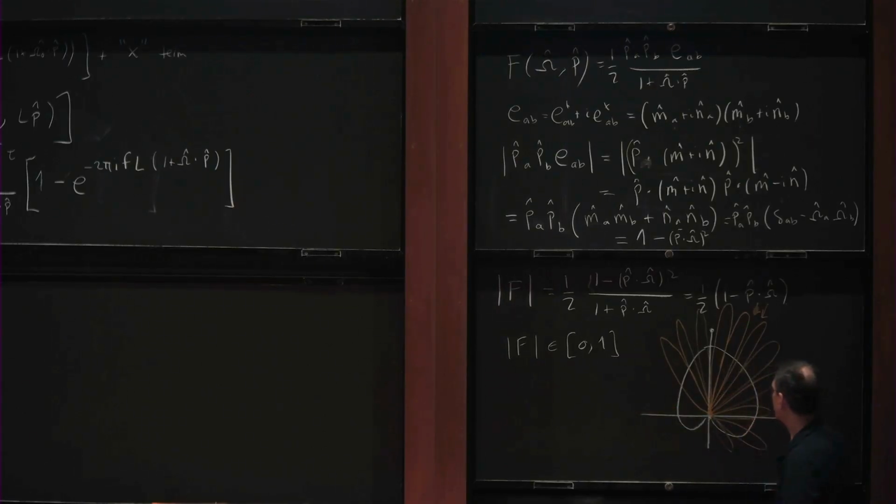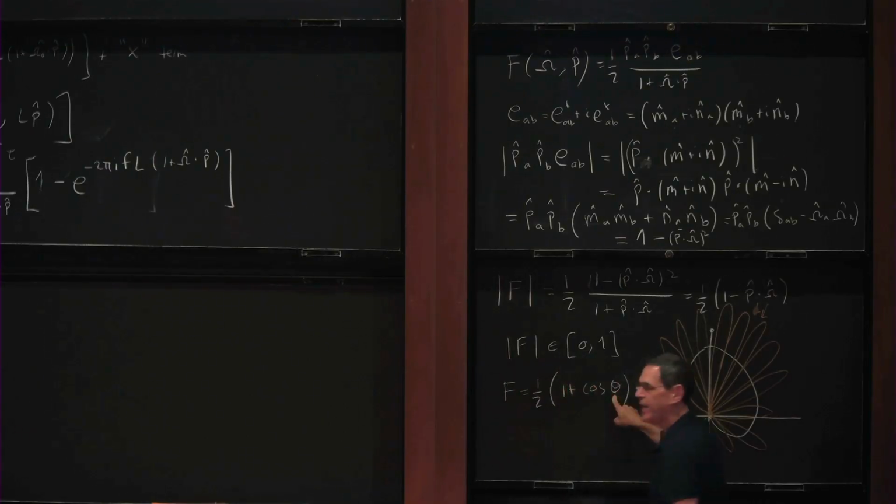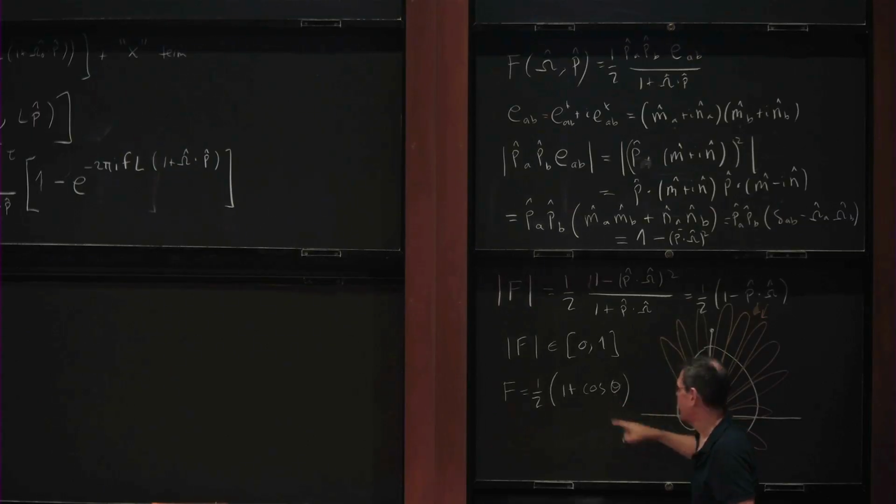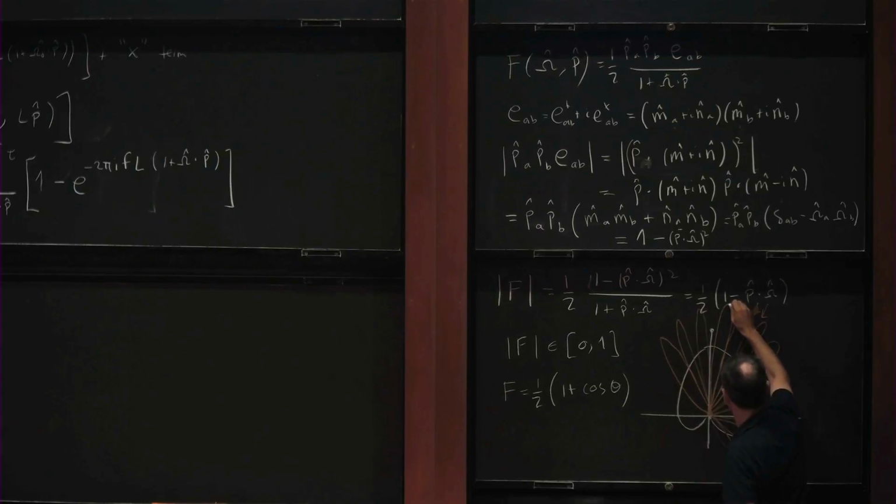So if I want to, I could rewrite f here, not as 1 minus the cosine, but as 1 plus the cosine of an angle, where that angle is the angle between the source direction and the pulsar direction. So in this plot, this angle here, theta, is that angle.